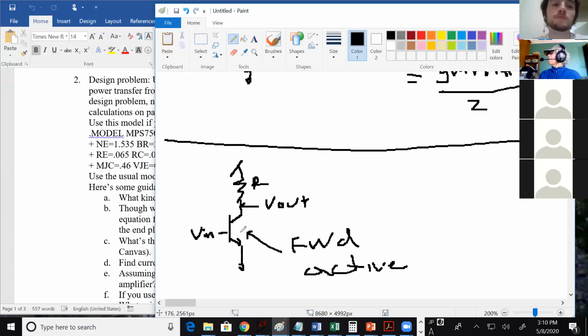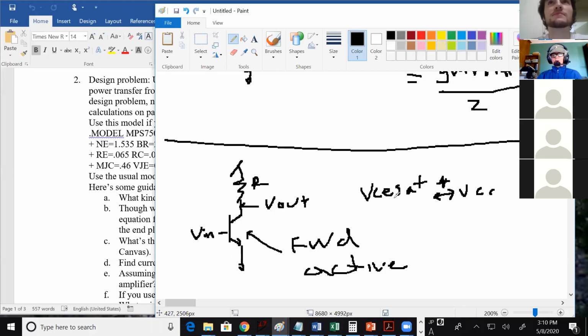Is that okay? Yeah. So the farthest V out can go down is VCE sat, and the highest it can go is VCC. As long as V out is between those two, you're going to get good gain.